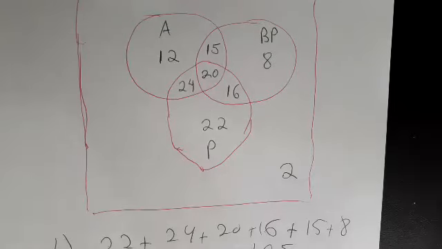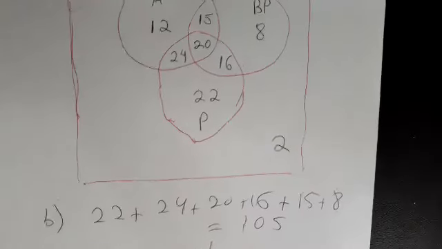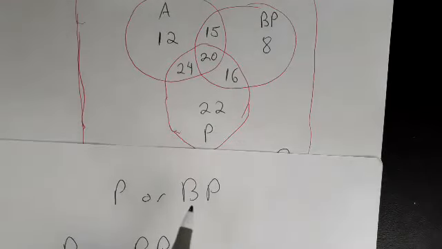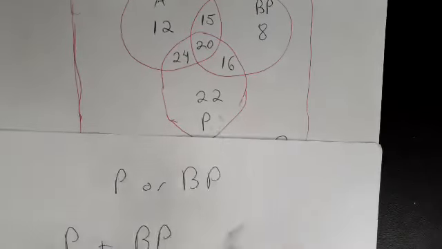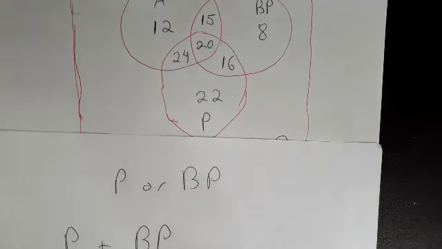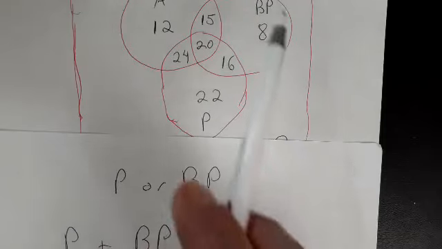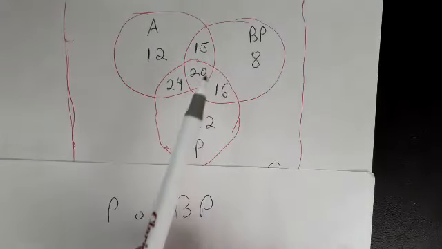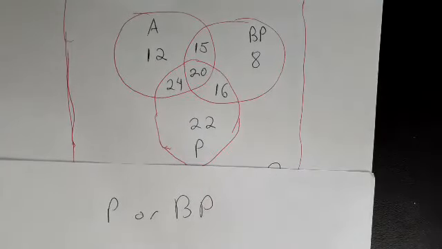This was going back to question part B, right? If we wanted people that took pain medicine or took blood pressure, we were adding up everything that's in here and everything that's in here. So if you were to add up everything that's in P and everything that's in BP, you might notice that you ended up counting something twice.